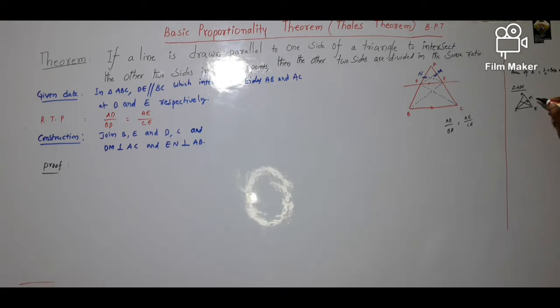This is M, this is N. So we can find the area of triangle ADE two times, using this base and this height one time, and using this base and this height one time. Okay, it is clear.